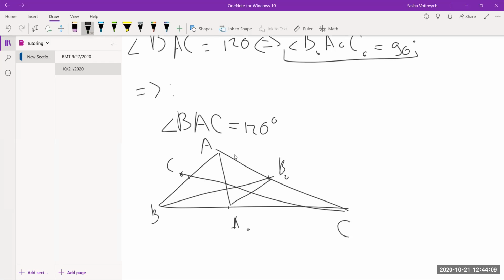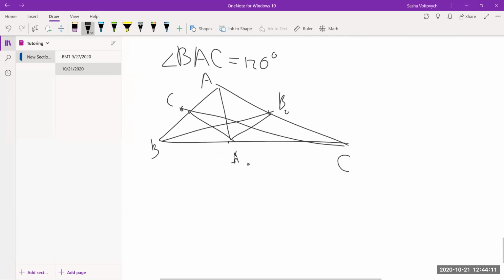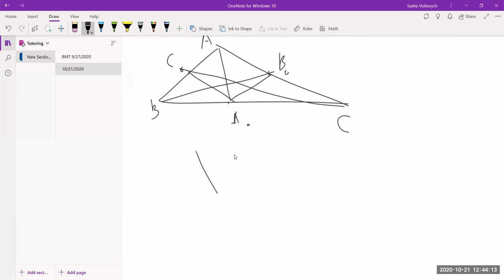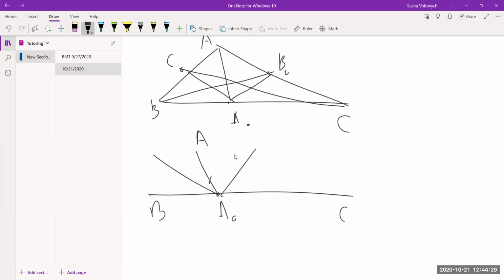So we have some kind of construction like that. We have A0, we have B, we have C, and there are two lines coming out of A0. I mean to prove that this angle is 90 degrees.